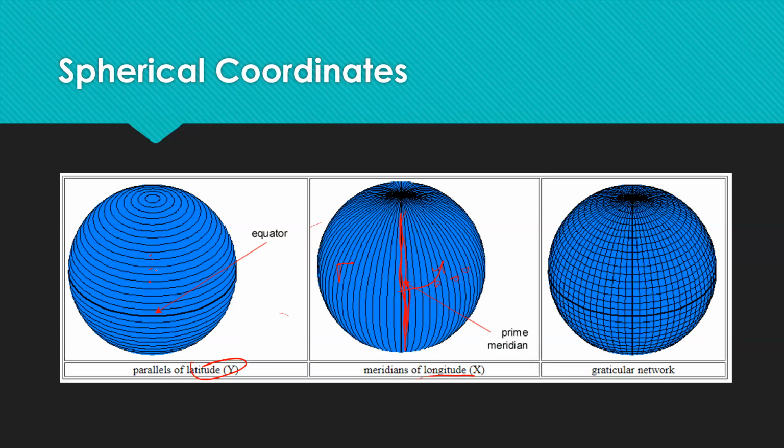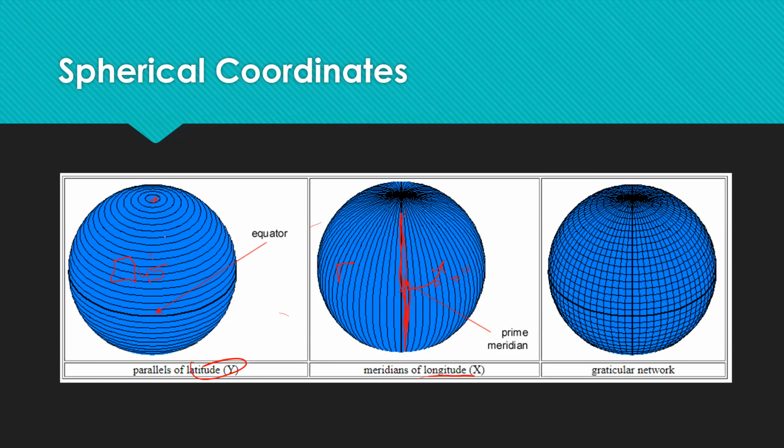Does anyone know approximately what our latitude and longitude is in Colorado? So in Colorado, I'll just draw it. There's Colorado. We're about 45 degrees latitude, so about halfway between the equator and the North Pole.